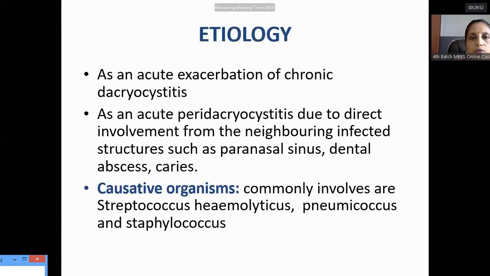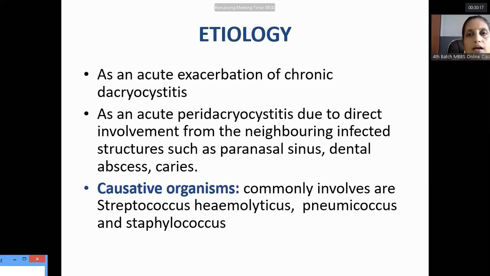So it can be an acute exacerbation of chronic dacryocystitis, or an acute peridacryocystitis due to direct involvement from neighboring infected structures like paranasal sinus, dental abscess, and caries. So these are the aggravating factors for this. And the causative organism can be Streptococcus hemolyticus, Pneumococcus or Staphylococcus.